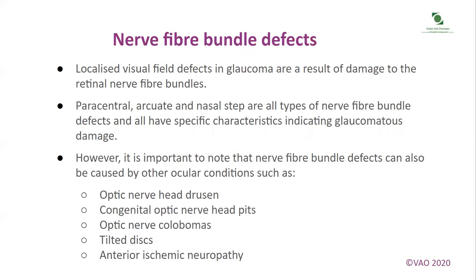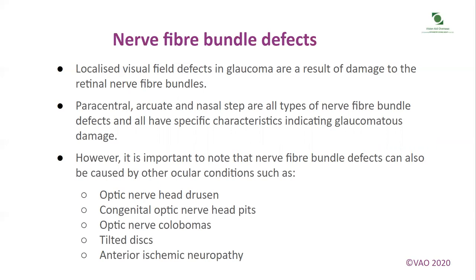Nerve fiber bundle defects. Localized visual field defects in glaucoma are a result of damage to the retinal nerve fiber bundles. Paracentral, arcuate, and nasal step are all types of nerve fiber bundle defects, and all have specific characteristics indicating glaucomatous damage.